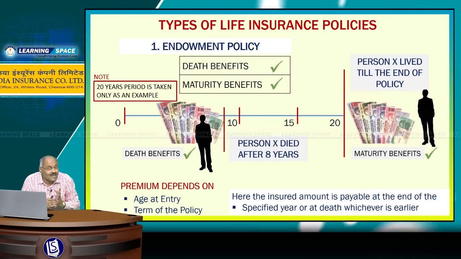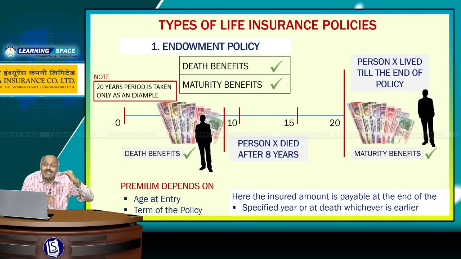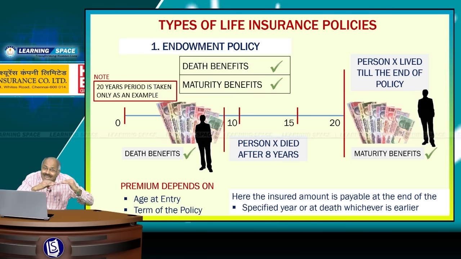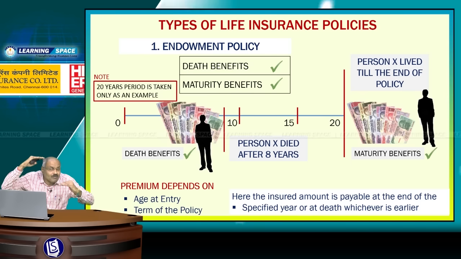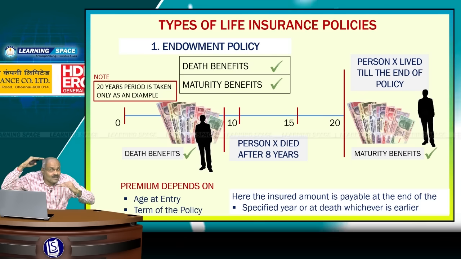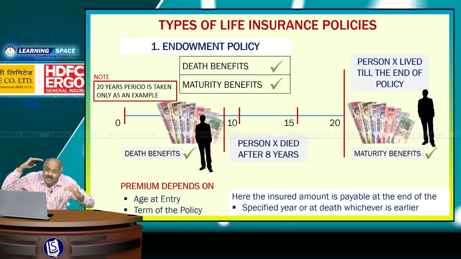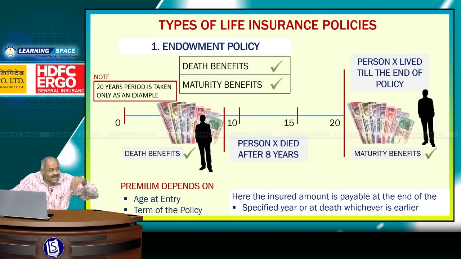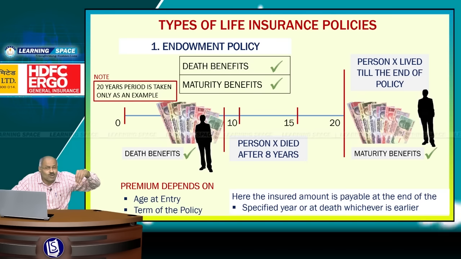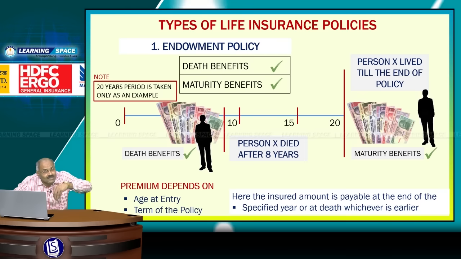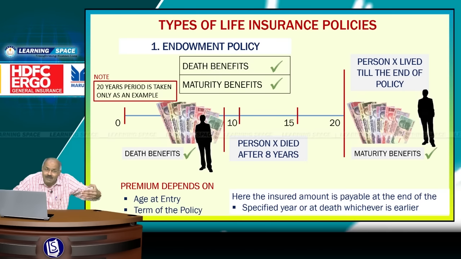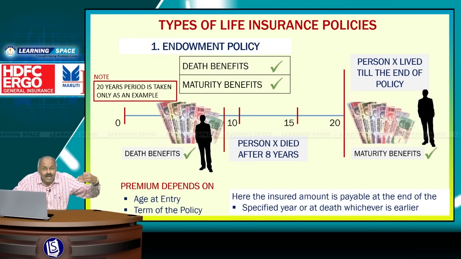If the person is taking insurance premium at the age of 20 years, the premium will be much less in comparison to the premium for a 40-year person. That means when the age is less, premium will be less. And second, the premium to be paid also depends on the term of the policy, right? So the premium depends on age at entry and the term of the policy.